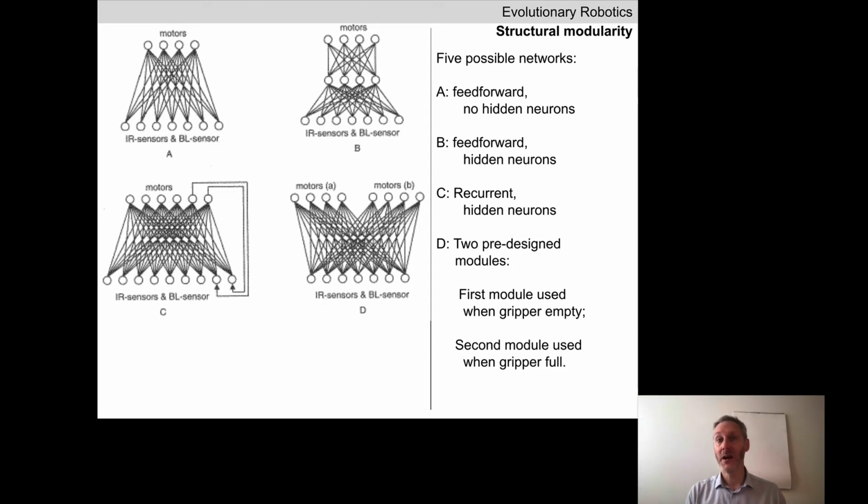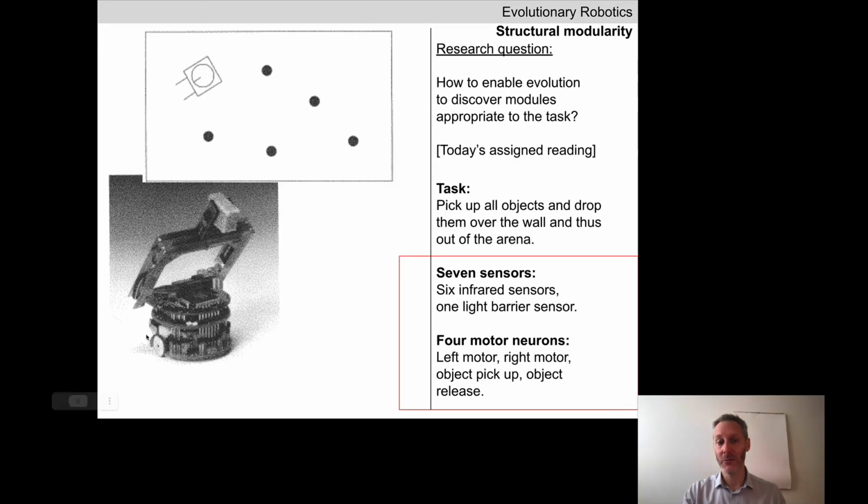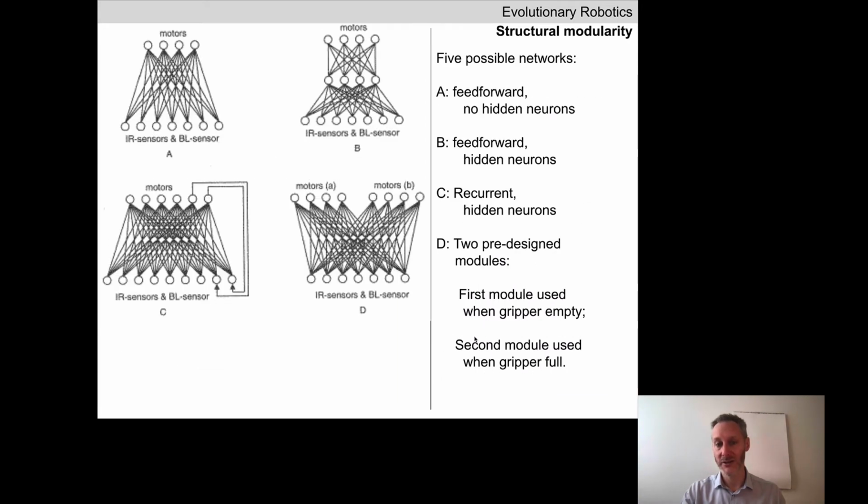They performed a number of evolutionary runs, which we're going to see in a moment, and they performed these evolutionary runs with a series of increasingly complex neural networks. So in all cases, we have the same robot, same 6 sensors, same 4 motor neurons, different neural networks.